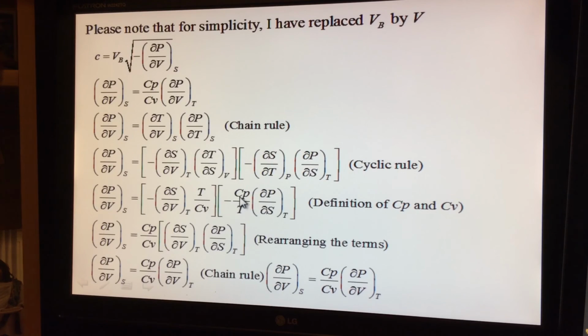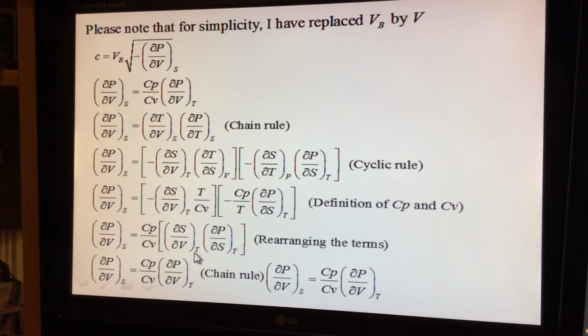This is Cp over T. So when you apply the cyclic rule and then use the definition of Cp and Cv, you simplify it, and you can see that it is already looking like something that we are after. Then you rearrange it, and the two negative signs will cancel out, the temperature will cancel out this temperature, and so it becomes Cp over Cv, times these two partial derivatives.